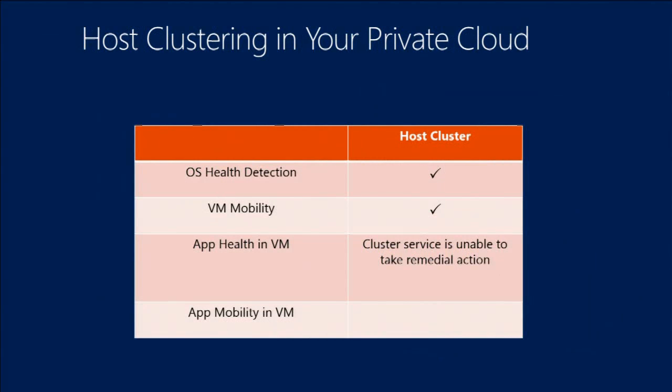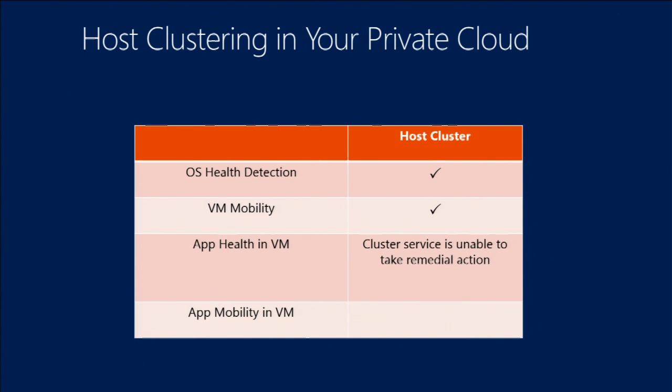One point I want to put across is that if you're in the private cloud, you have availability for free. If you have what we call a host cluster, that's essentially your Windows servers connected and part of a failover cluster.